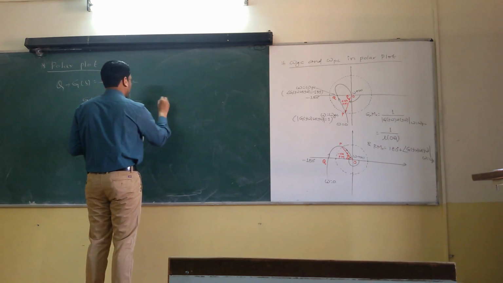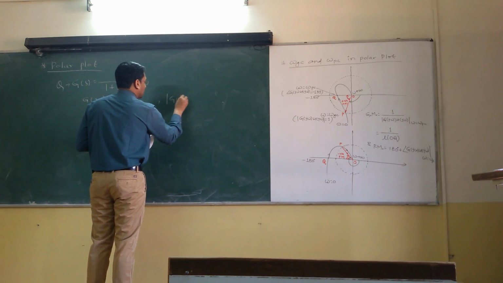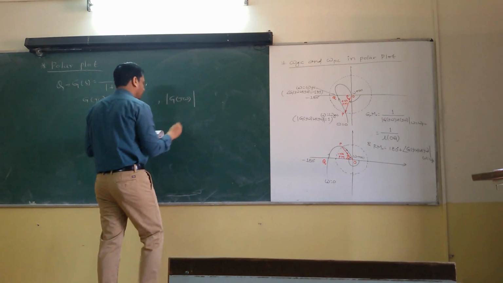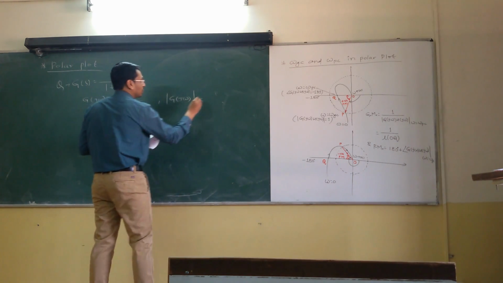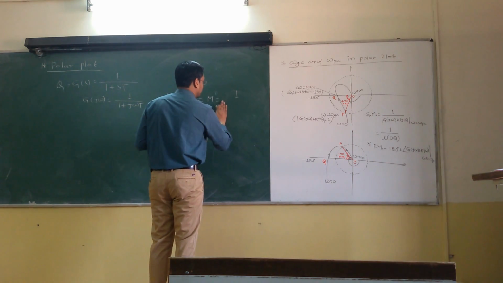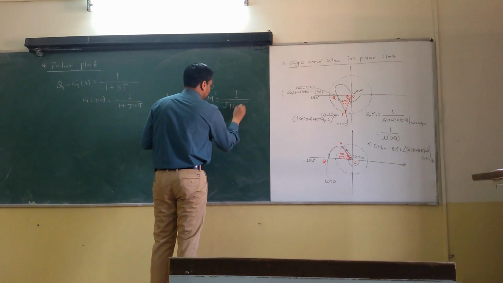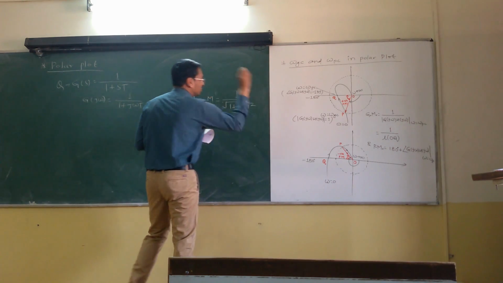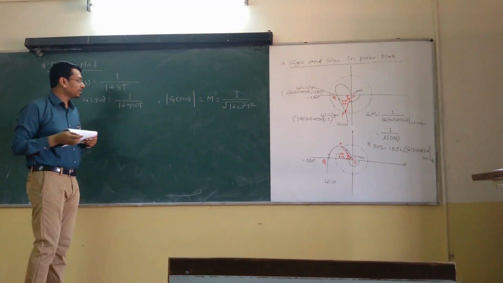Then first find the magnitude. |G(j omega)|, I am going to say this is M, for any value of omega, the general expression will be 1 upon root of 1 plus omega square T square. Correct?